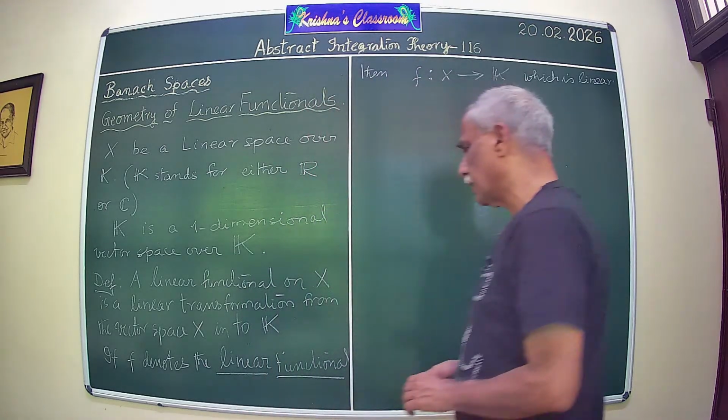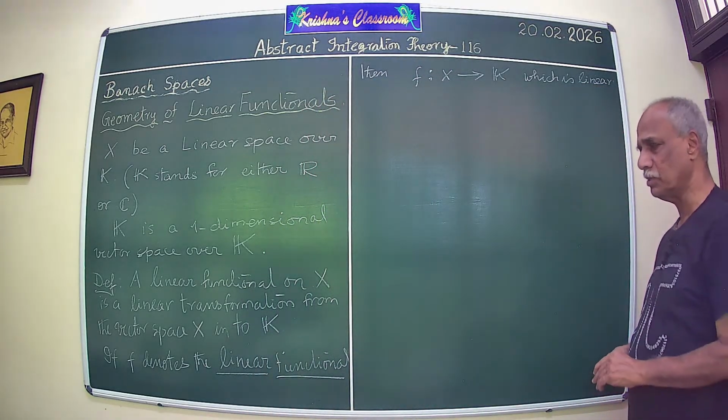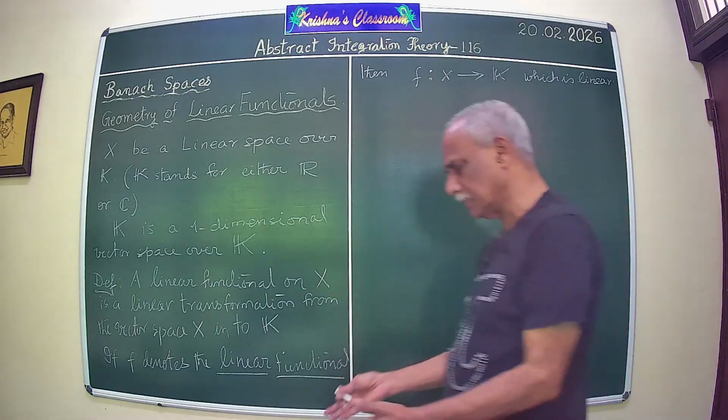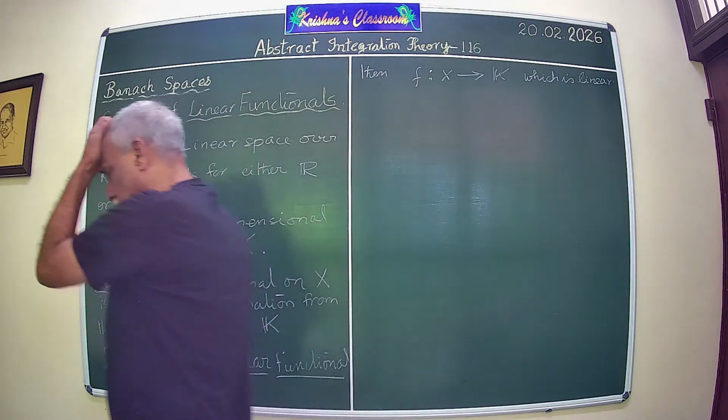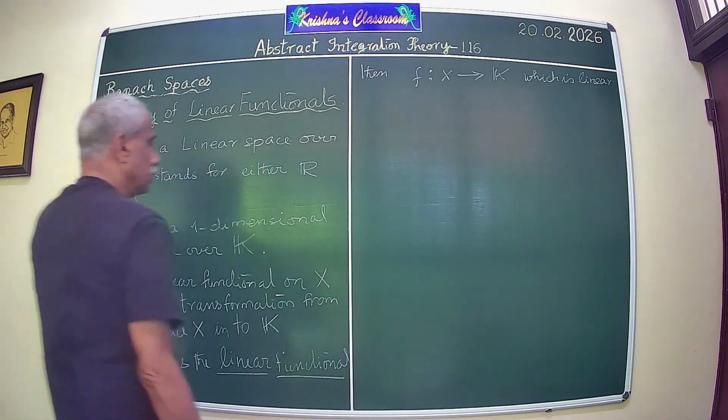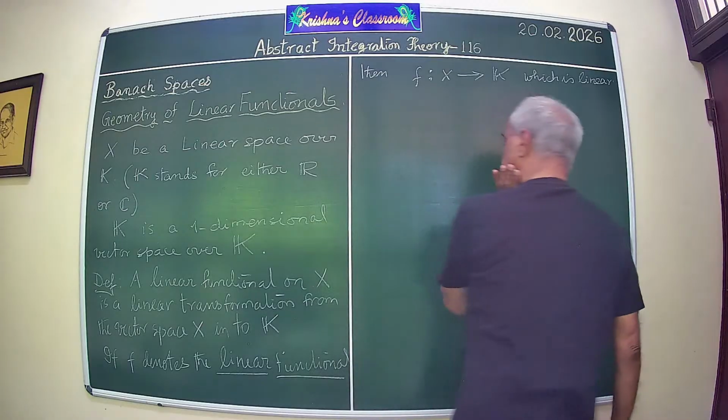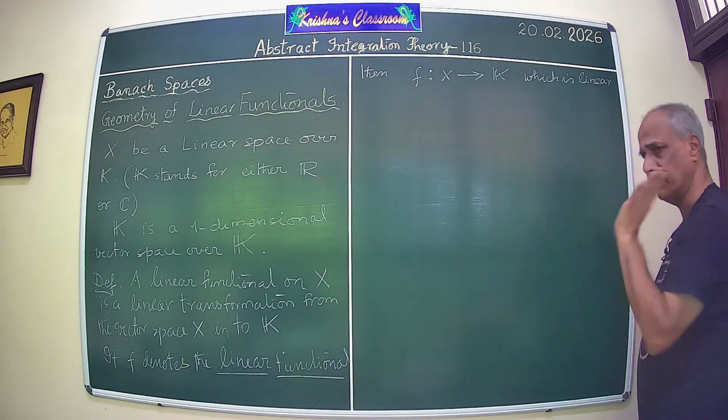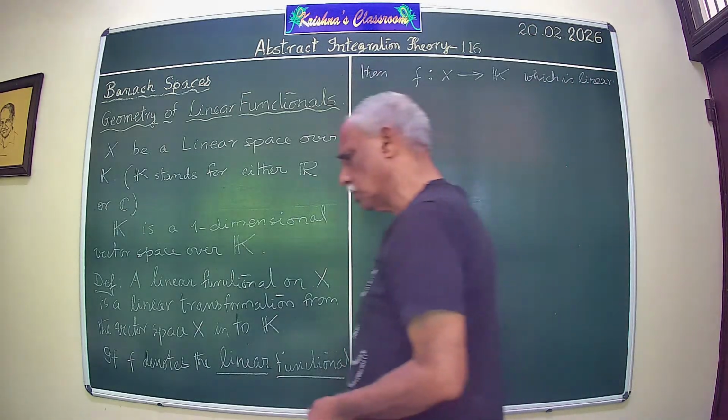It's called a linear function. So the moment you say it's a linear function, it is a linear transformation from the vector space to the associated field. That is either R or C. We are only bothered about these two at the moment.